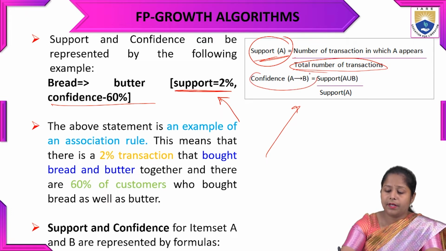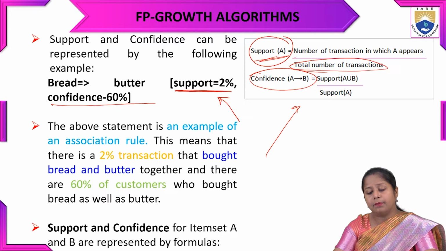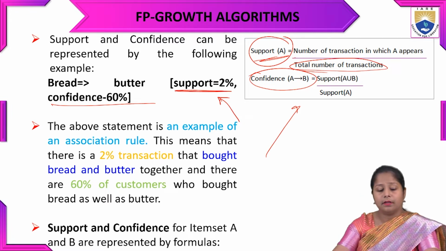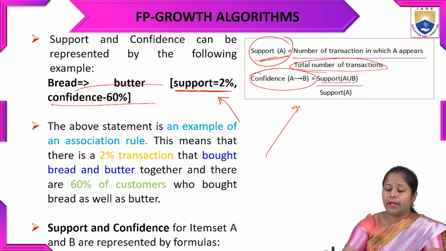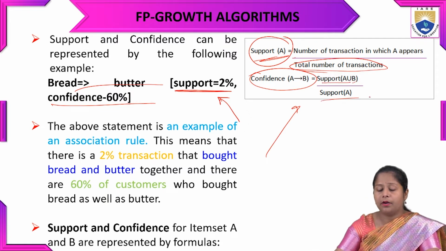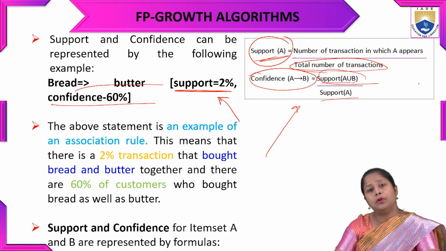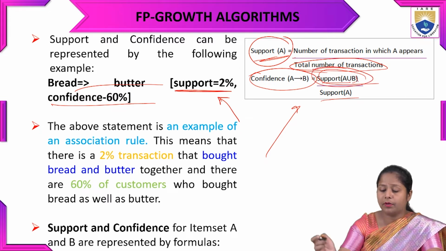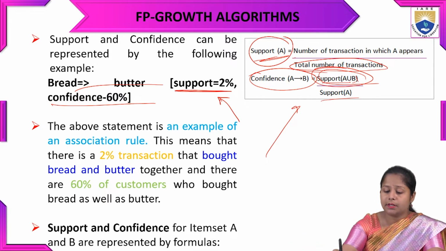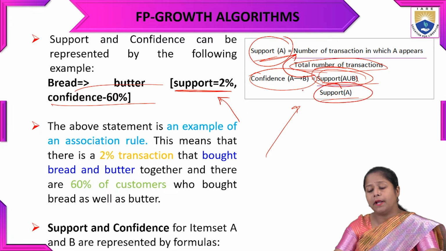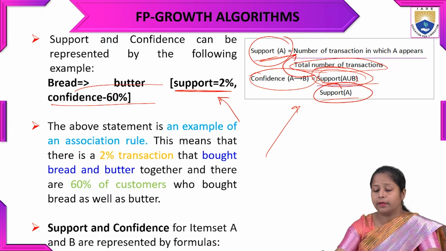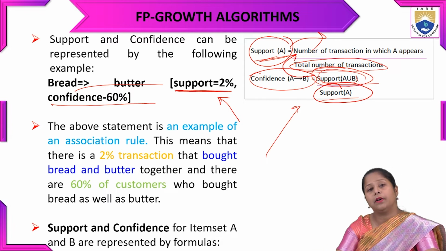Next is the confidence of A and B, say bread and butter. Confidence is the support of A union B divided by the support of A. For the two items occurring together, we calculate the support first using the formula, and then we divide by the support of A for that particular item.